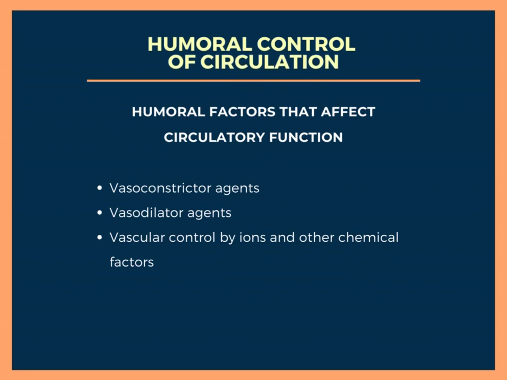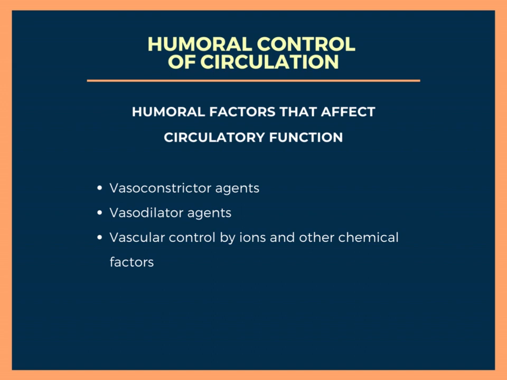Now, there are humoral factors that affect circulatory function. First, we have vasoconstrictor agents such as norepinephrine and epinephrine. Second, we have vasodilator agents such as bradykinin and histamine. Third is the vascular control by ions and other chemical factors.